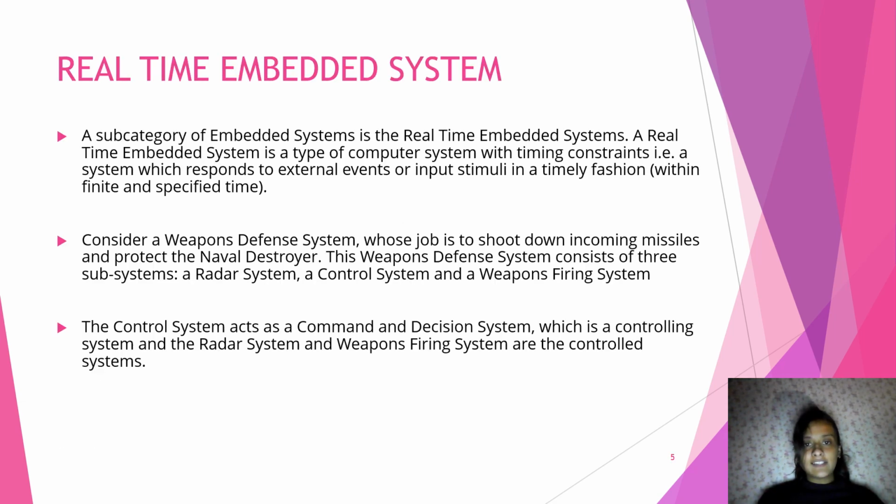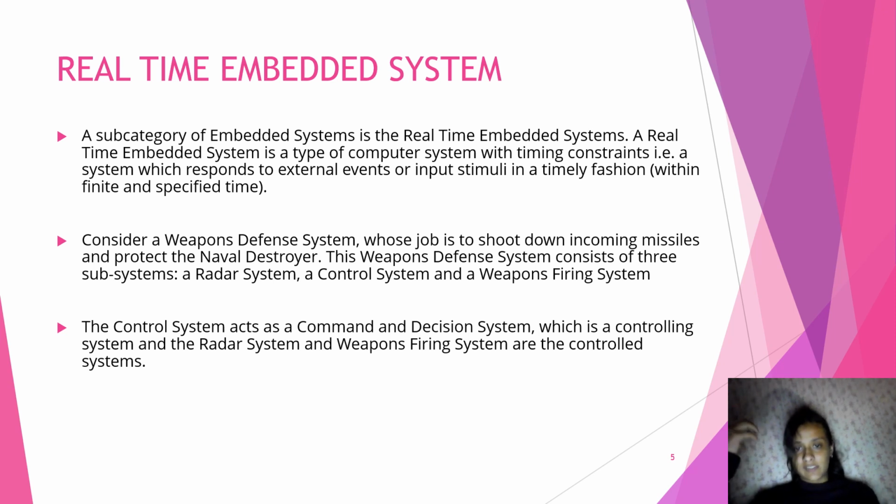Now comes the real-time embedded system. A subcategory of embedded system is the real-time embedded system. A real-time embedded system is a type of computer system with timing constraints. That is, a system which responds to external events or input stimuli in a timely fashion within a finite or specified time.